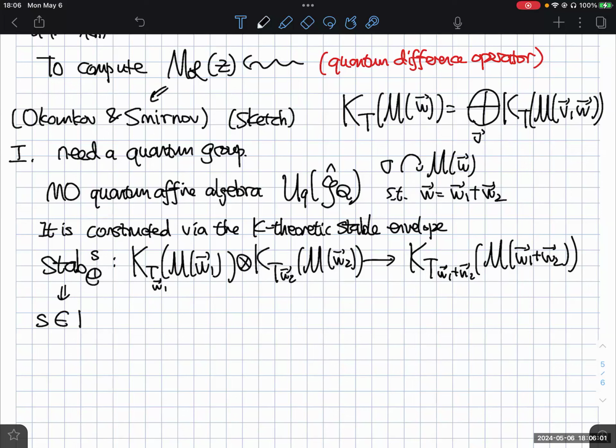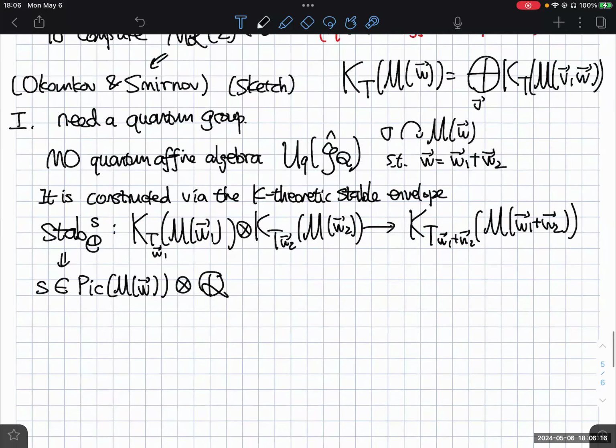This L is some parameter that lies in the rational Picard group, and this C is the choice of the chamber corresponding to this torus action.